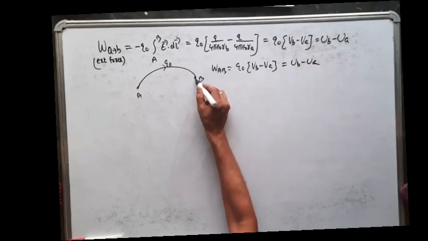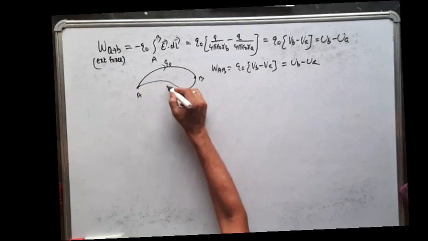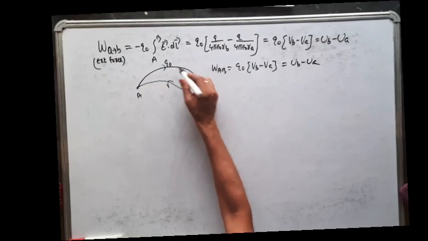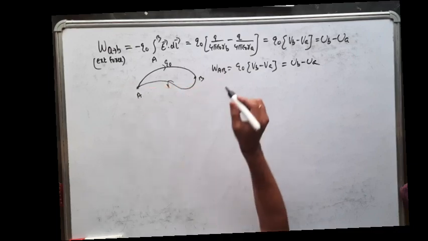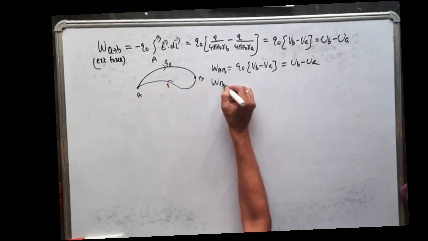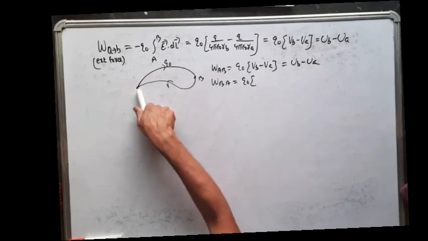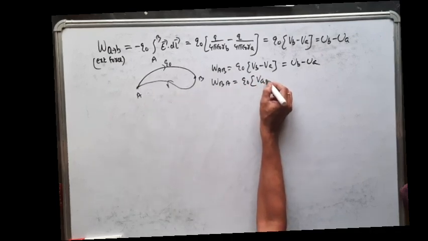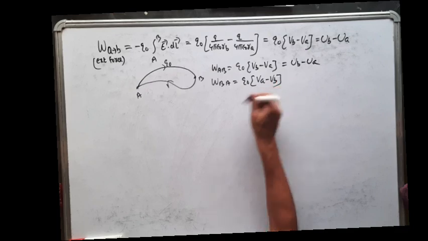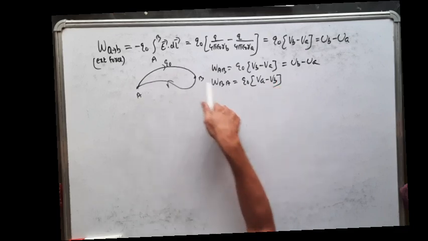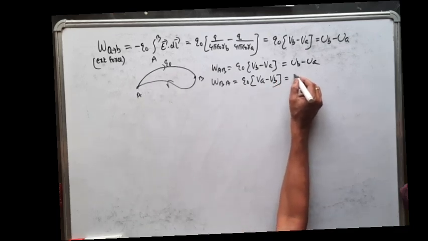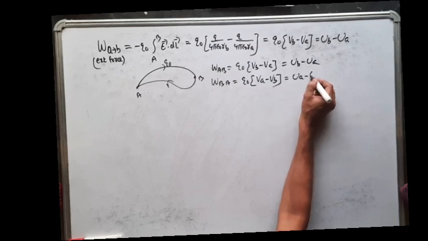Similarly, if I take that q naught charge from point B back to point A, what is the work done? W B to A is equal to q naught into final potential minus initial potential. Here A is final, B is initial, so that is equal to UA minus UB.